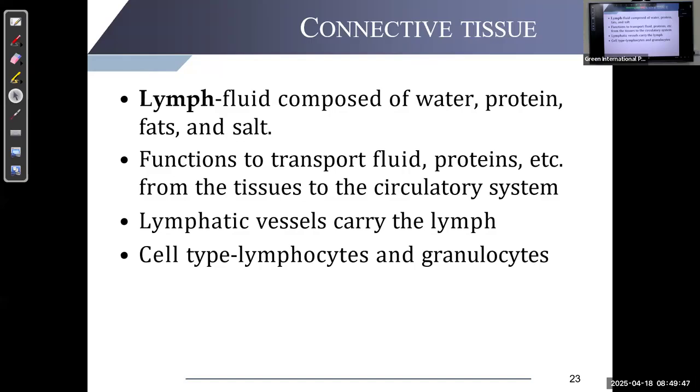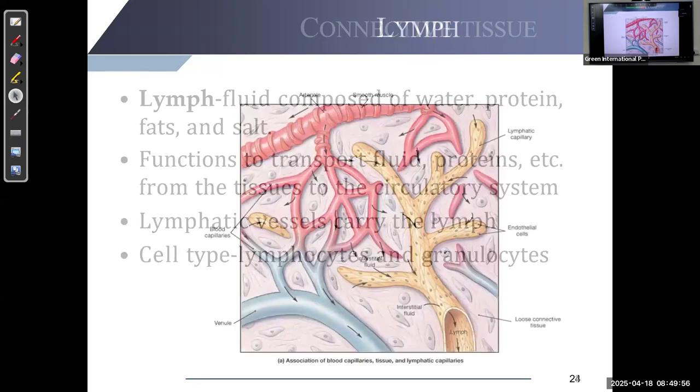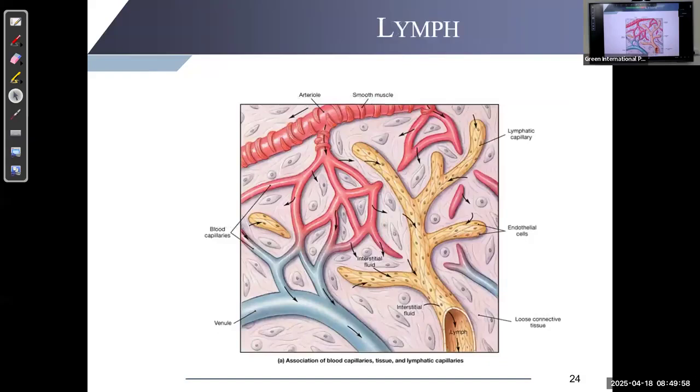Cell types: lymphocytes, granulocytes. The cells in the blood, the RBC, WBC, I'll be discussing. That's why I'm just running through these. So you can see the diagram, lymph. The yellow ones are denoted by lymphatic capillary. Capillaries you already know, right? These are small branches of vessels.